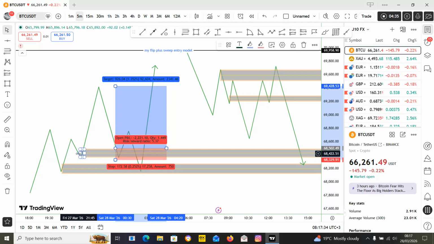So always make sure that you take the extreme demand zone in the bullish scenario.